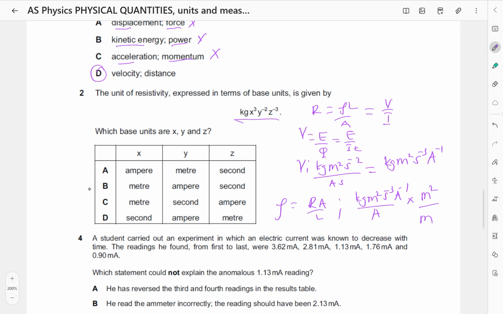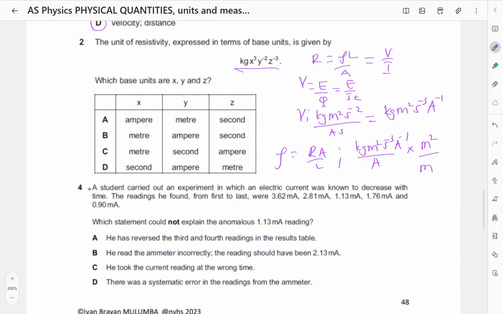So we just simplify this. So this becomes kilogram, m to the power 2 times m to the power 2 is m to the power 4, divided by m, so it becomes m to the power 3. s to the power negative 3 is alone, so it will be s to the power negative 3. A to the power negative 1 divided by A becomes A to the power negative 2.